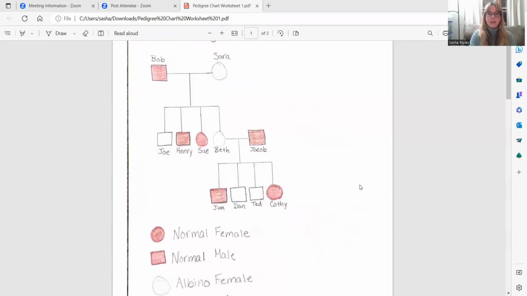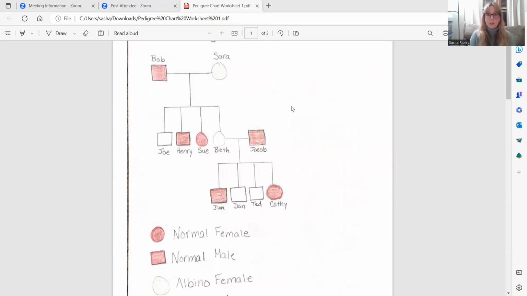Okay, so the basics of reading a pedigree chart. There's going to be a key like I have under here. In this case, they have the people named, and we've given them obvious male or female names so that you're able to see which is the male and which is the female.